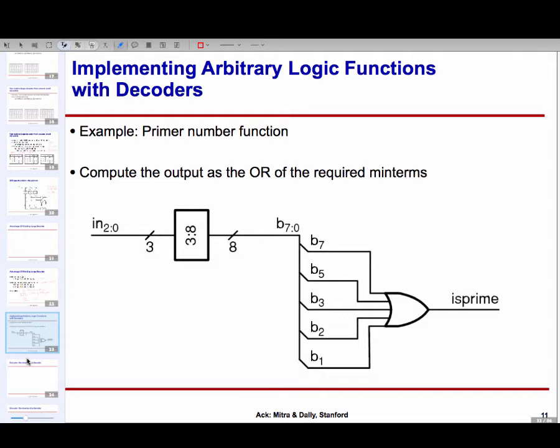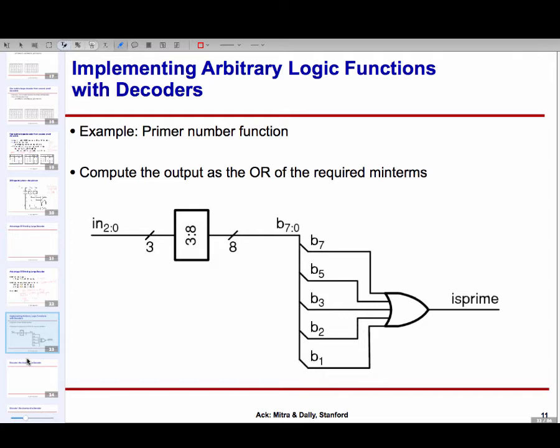If we were to say is even, then we are going to take 0, 2, 4, and 6, and so on and so forth. So decoders are great because I can just give you a supply of decoders, and you can implement arbitrary logic functions. You still need an OR gate, but that's a minor point.